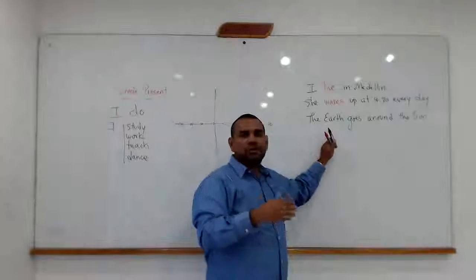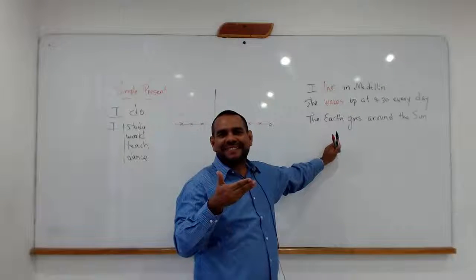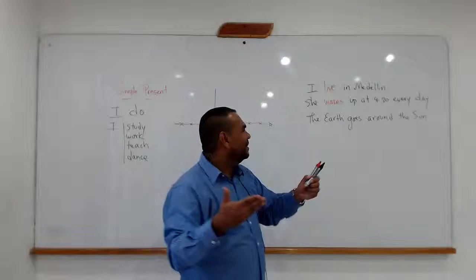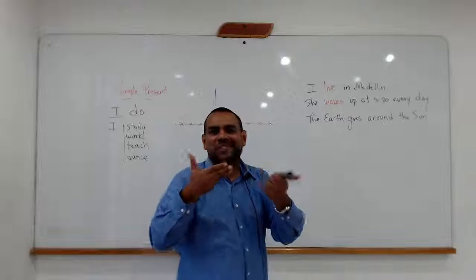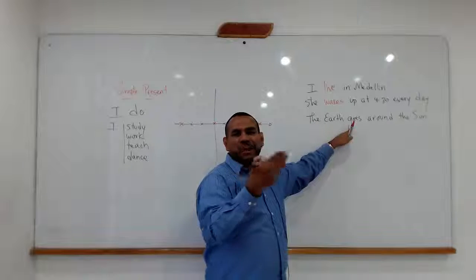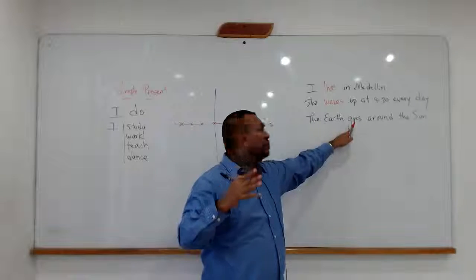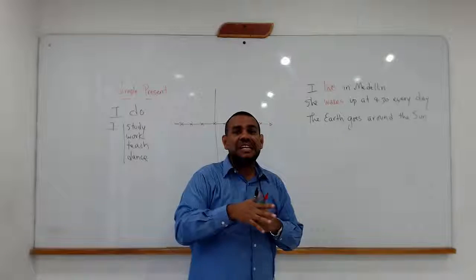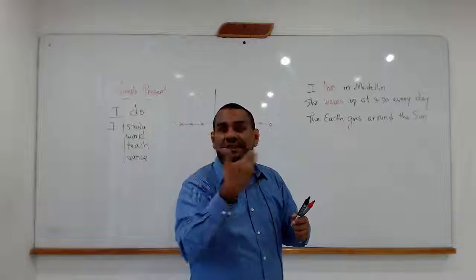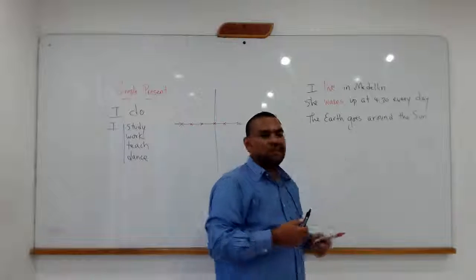When is this going to stop being like that? Actually, never. In terms of what we know about our human existence and about the universe too. The earth goes around the sun. So this is not only a routine, this is not only a temporary action, but this is a universal fact. The earth goes around the sun.